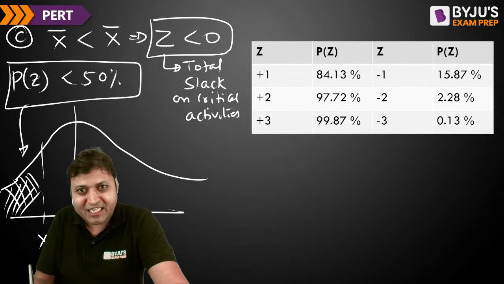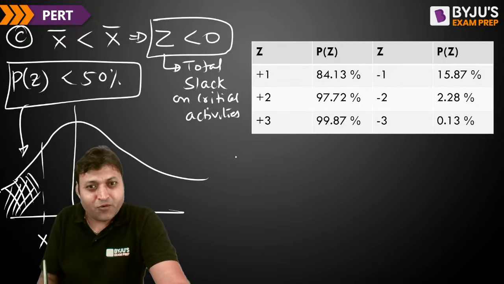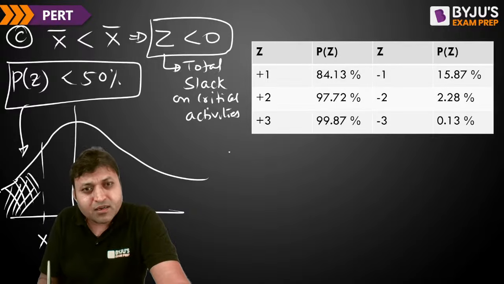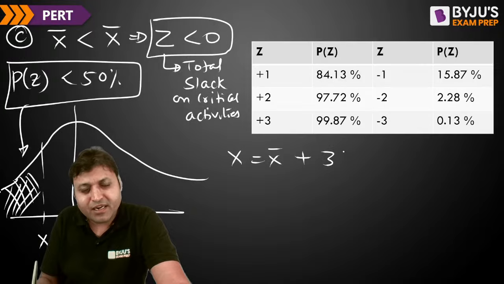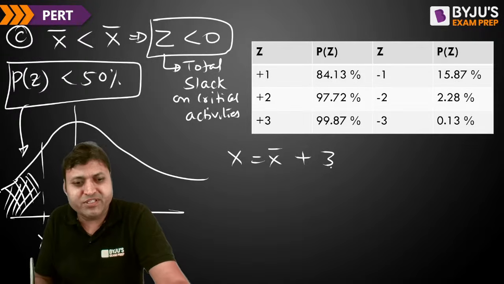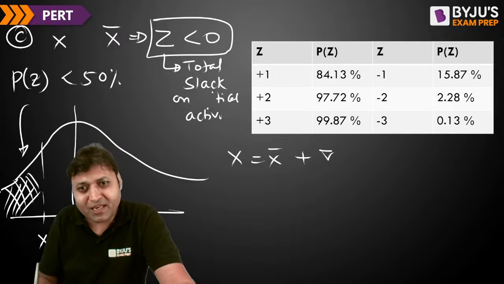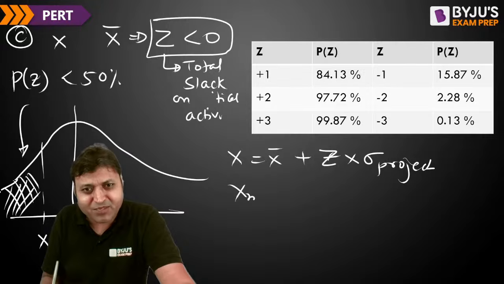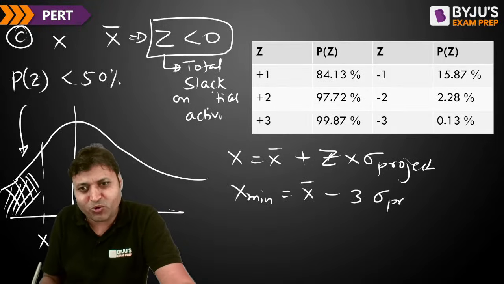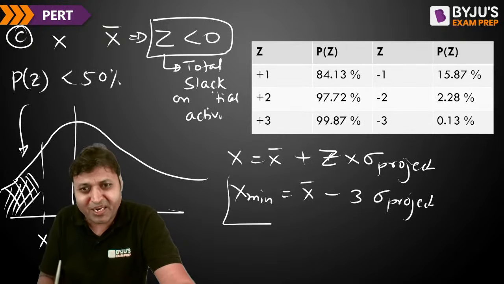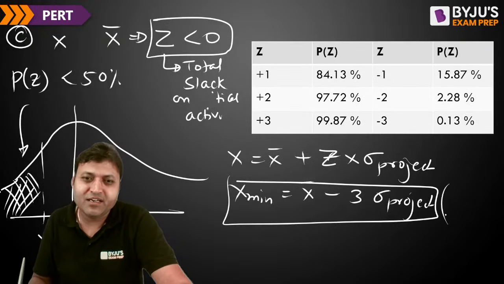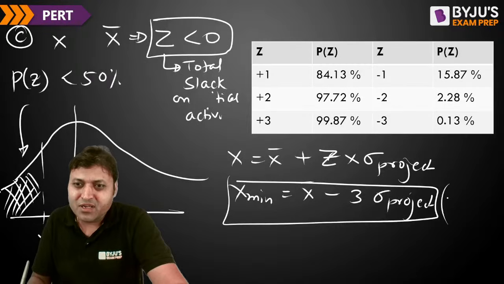For Z equal to plus 1, x is equal to x bar plus z into sigma for the project. If we want x minimum, that is equal to x bar minus 3 sigma for the project. That is the minimum time in which a project gets finished.